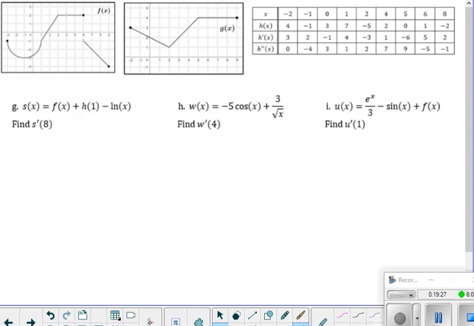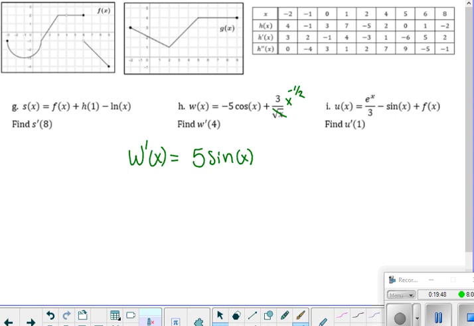W of x. Let's find our derivatives. Ooh, I first saw this down here. Let's write that as an x to the negative 1/2 as we prepare to take our derivative. W prime of x. Derivative of cosine is negative sine, so I'd have negative negative. That's going to be a positive 5 sine of x.